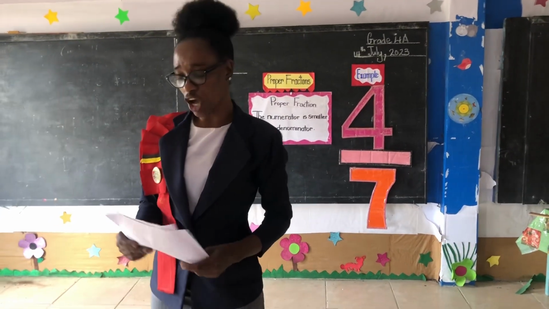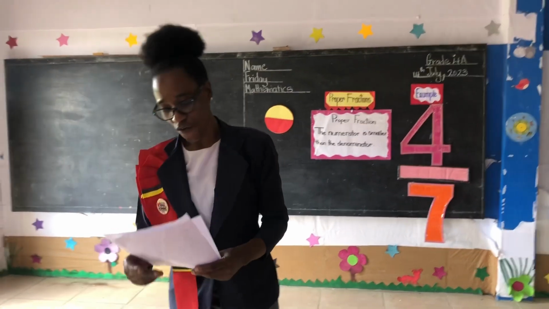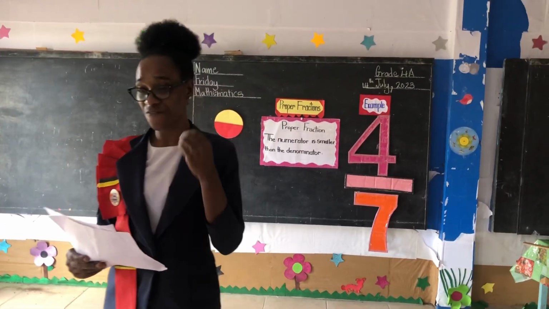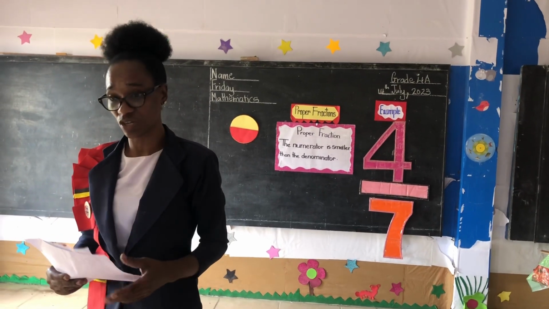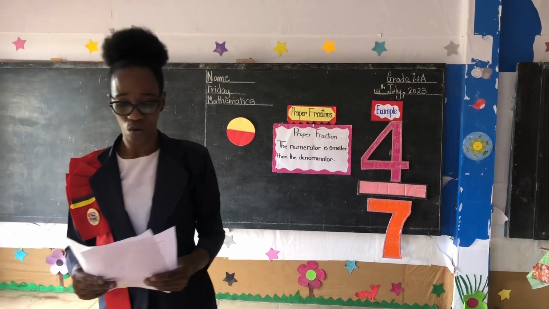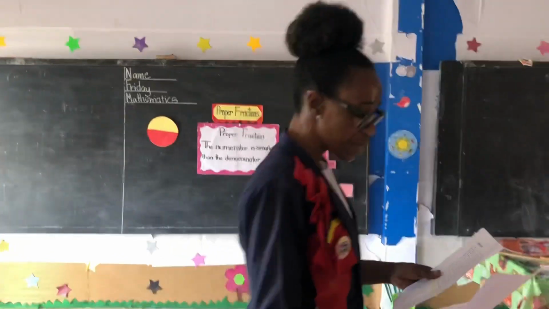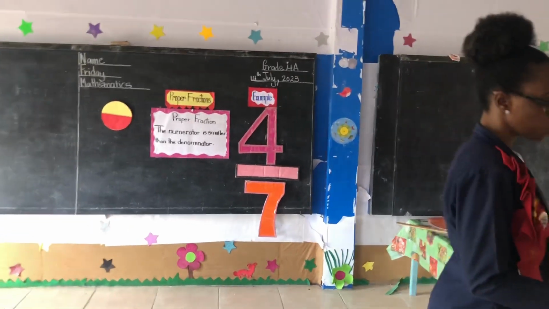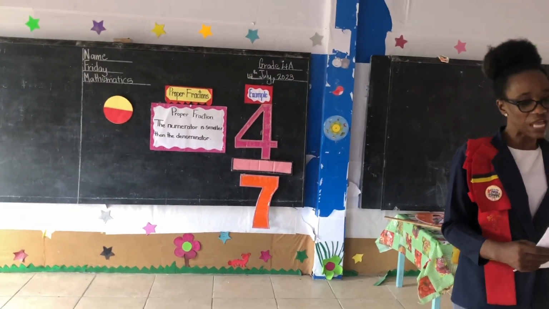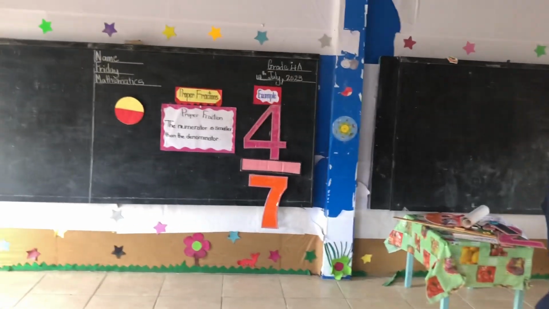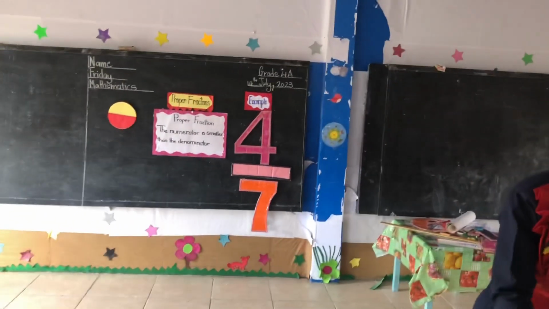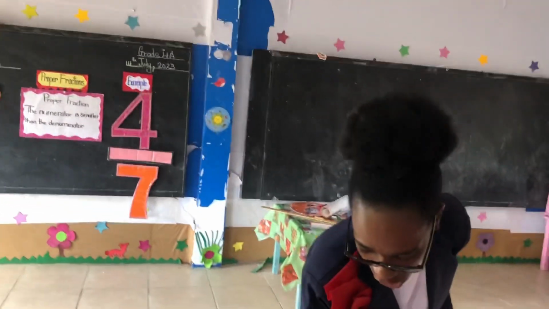Okay, Group A, your instruction reads, write 4 proper fractions. You are going to write 4 different proper fractions. Is that clear? Okay. Now, Group B, you are going to draw a shape to show proper fractions.